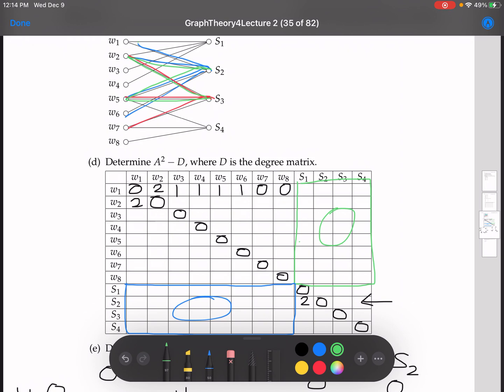So there's 2 of those again, so 2 there. And now S2 to S4. And you can see that there is one of those.